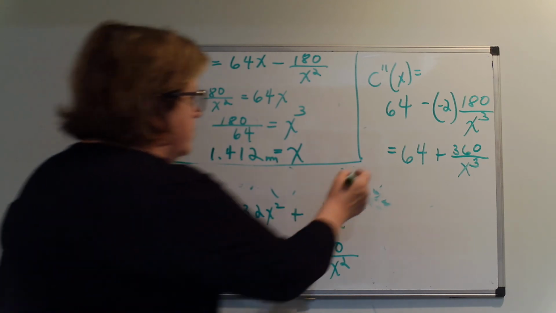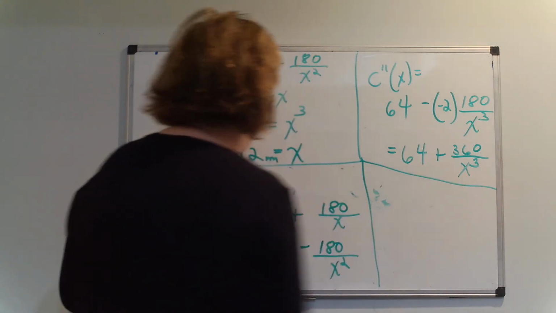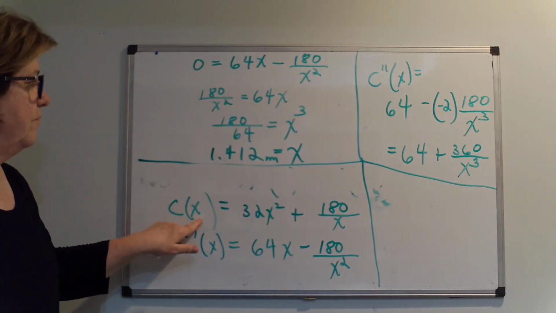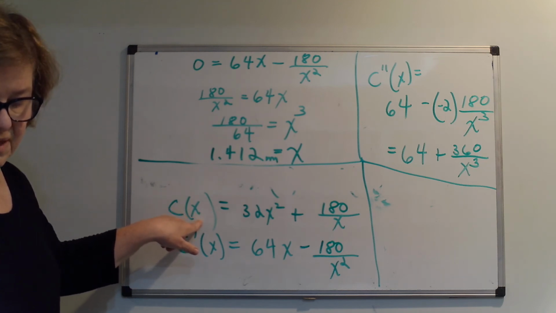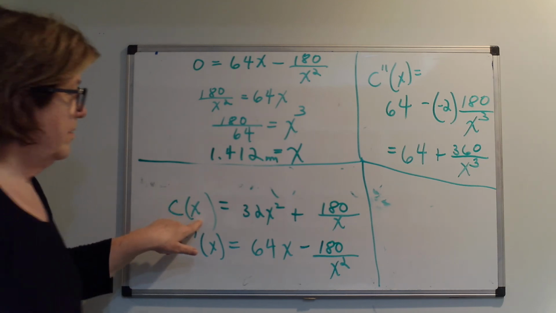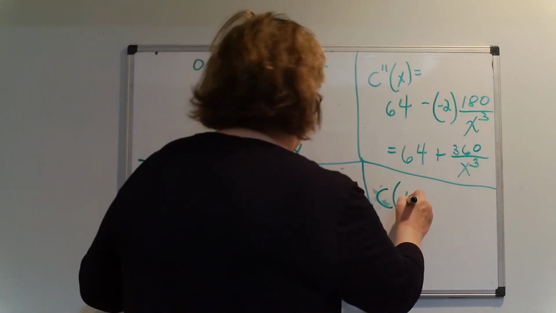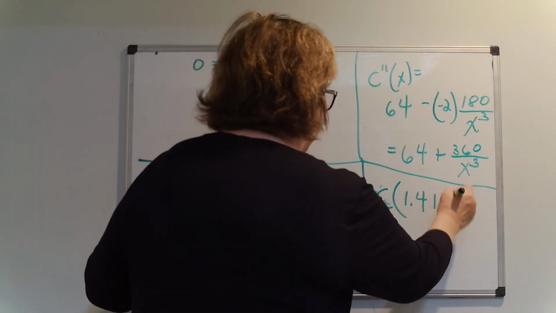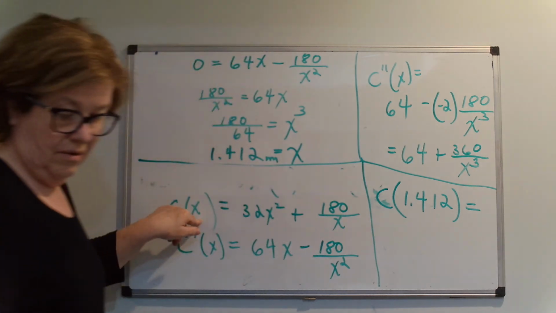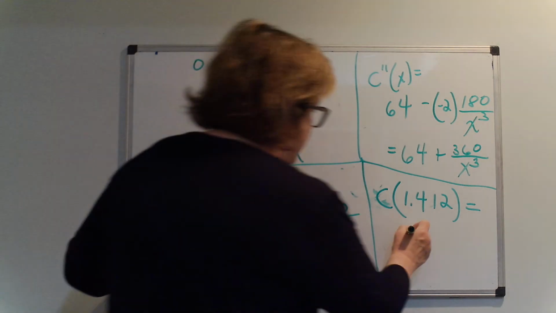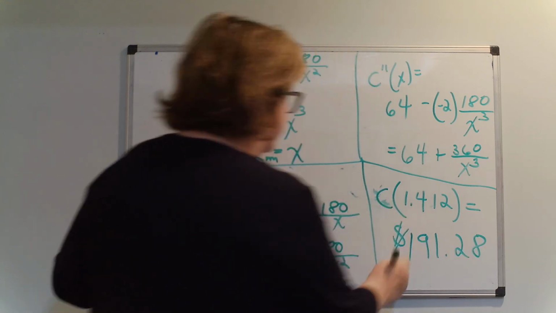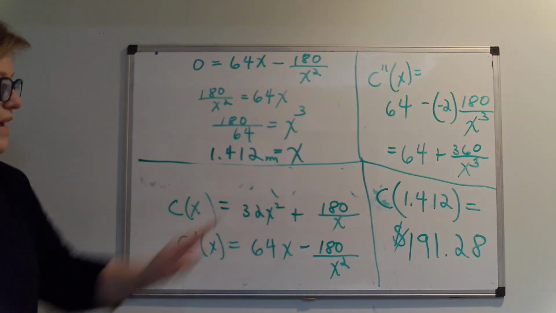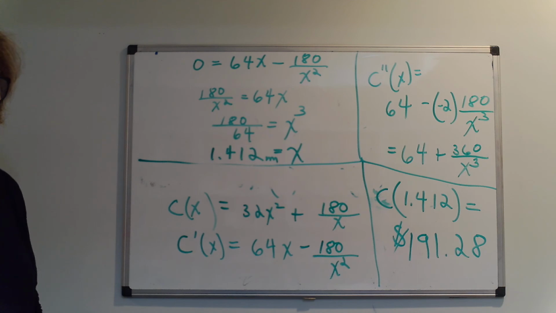What we've got to do is put 1.412 into the original function. And when we put 1.412 into the original function, what we get is $191.28. So that's the minimum cost.